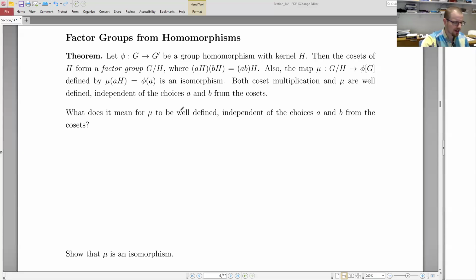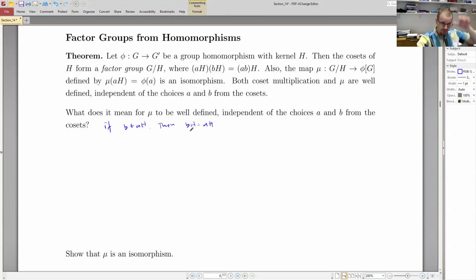That's essentially what we're looking for. We want to make sure that if B belongs to AH, then BH is equal to AH, because this is just grabbing onto a representative of the set.